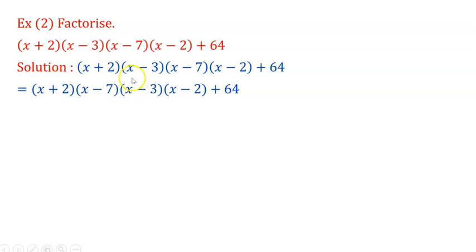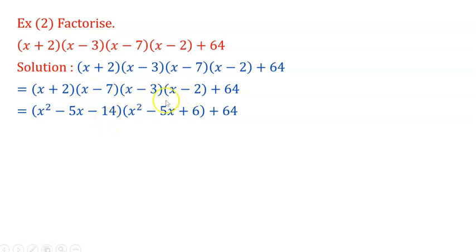Next we'll select the x minus 3 and the x minus 2. Now the product of these two brackets. Then what will you get here? First x square, then x into minus 7, that is minus 7x, plus 2 into x, plus 2x. Minus 7x plus 2x, then you will get minus 5x, plus 2 into minus 7, minus 14.